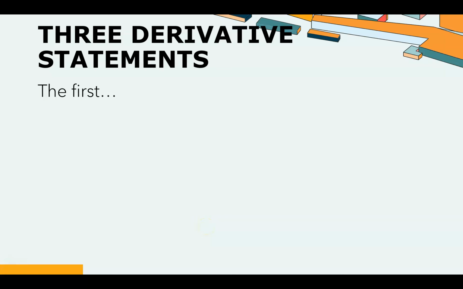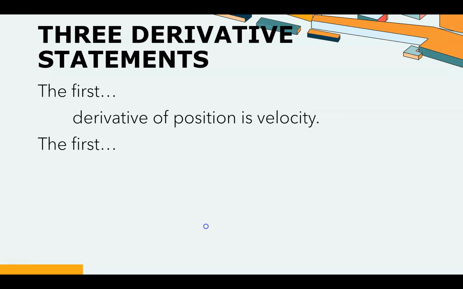Okay. So if you can memorize these 3 derivative statements, then the new calculus knowledge with derivatives here is just going to be so much easier. So the first derivative of position is velocity. That's the first thing you need to know. So if I have position and I need velocity, I'll do the derivative of position. Cool. The next statement you need to know also starts with the first, and it's derivative again.